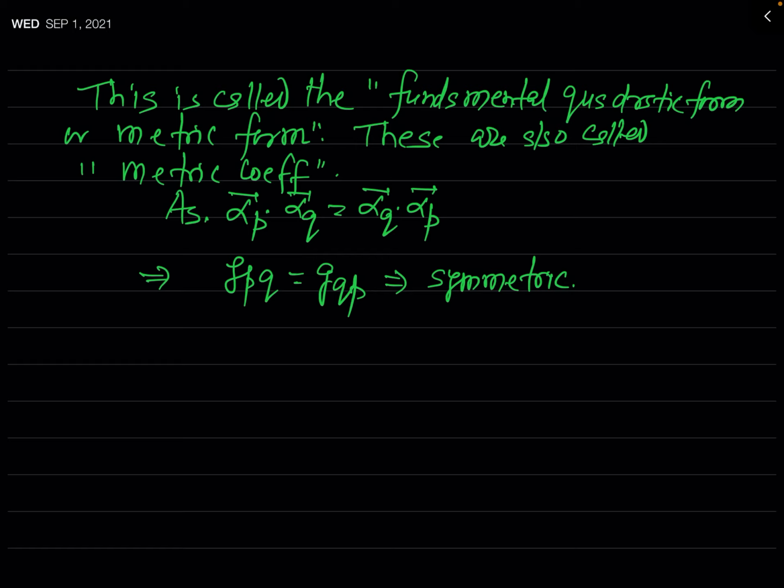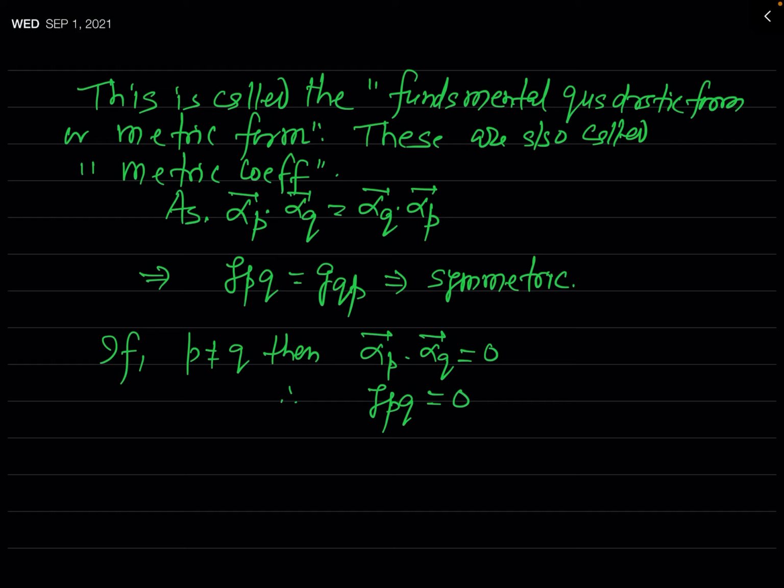Now, if you consider that p is not equal to q, then actually alpha p dot alpha q is equal to 0, and therefore we can say that this g_pq is equal to 0.